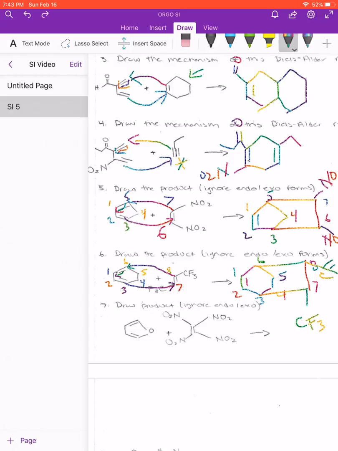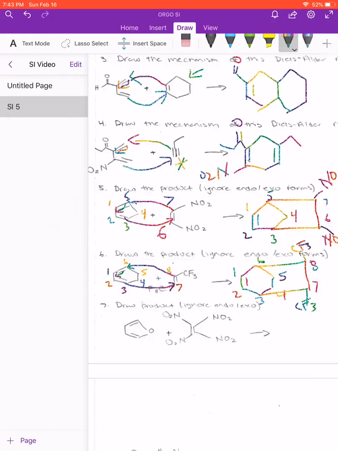Actually, it's going to be in the way in the next molecule. So let me do that again. CF3 and then CF3, right? Okay.